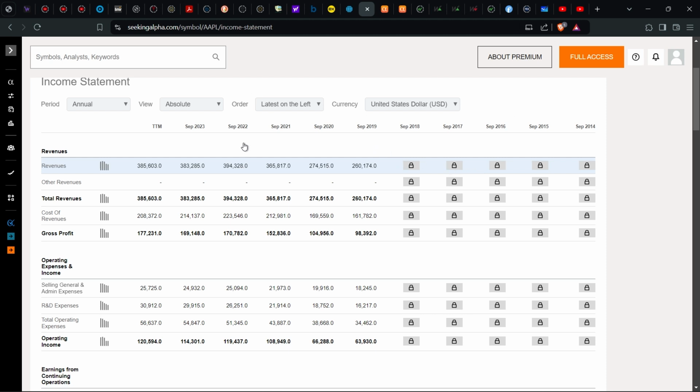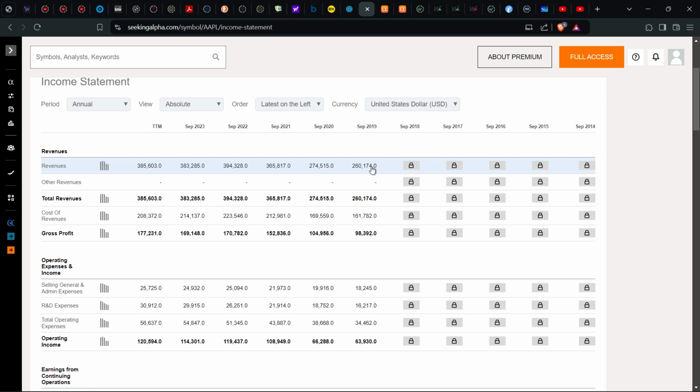So most websites actually, they usually limit the number of years back you can view. These are only 5 years. Yeah, 2023, 22, 21, 20, 2019. These are only 5 years, and this is the latest quarterly reports.